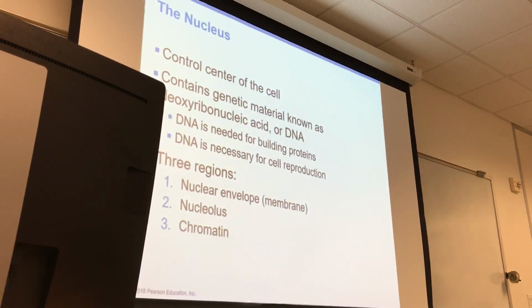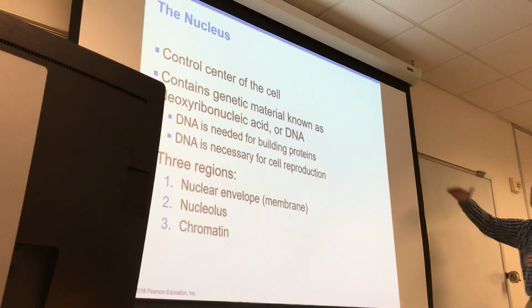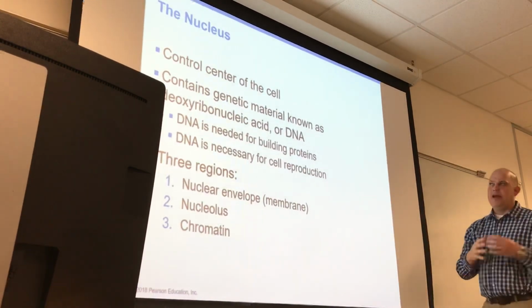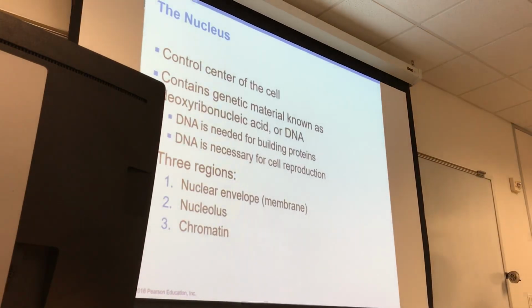We think of the nucleus as the control center of our cell. This is ultimately analogous to the brain of any cell. It contains our genetic material, our DNA, and that comes in one of 2 forms, either chromosomes or chromatin. Chromatin is relaxed DNA.